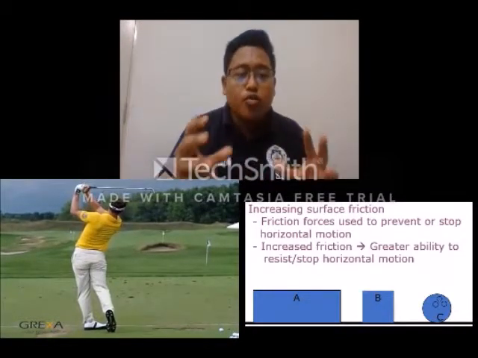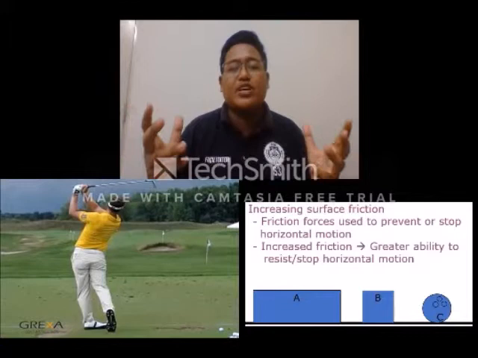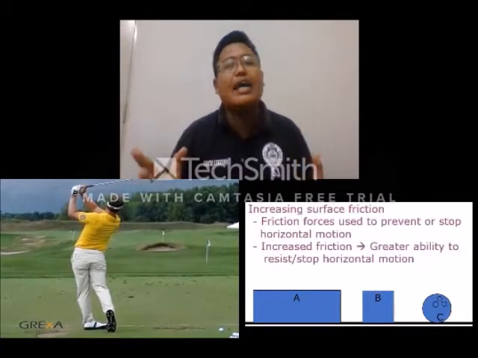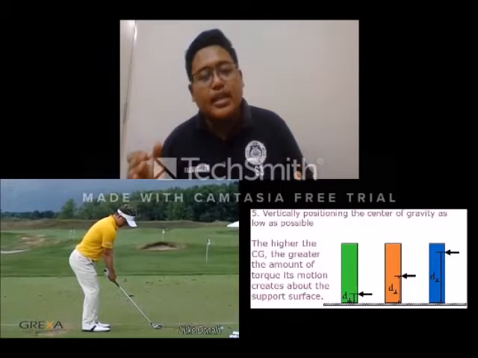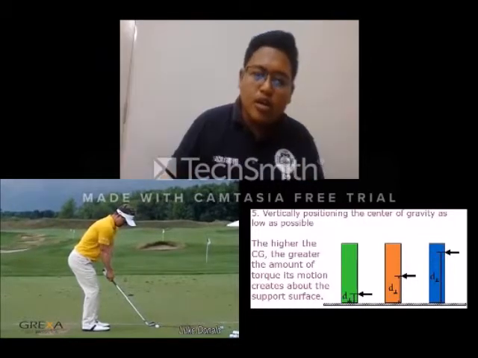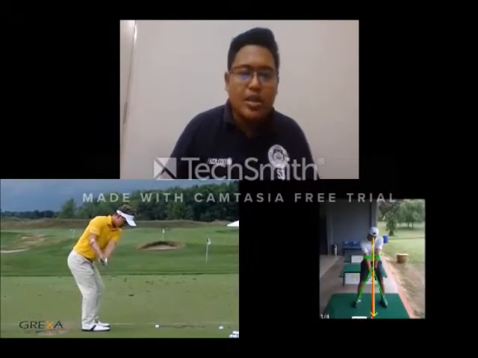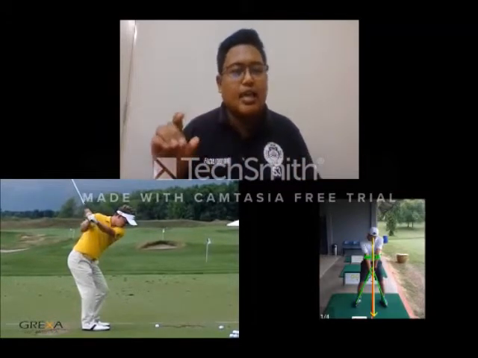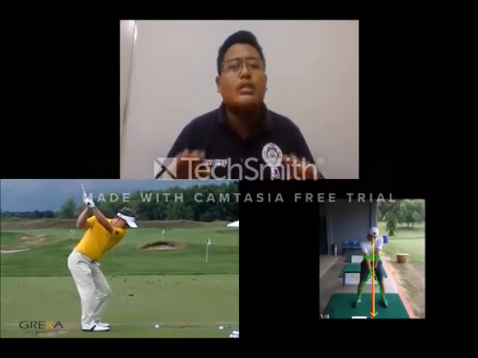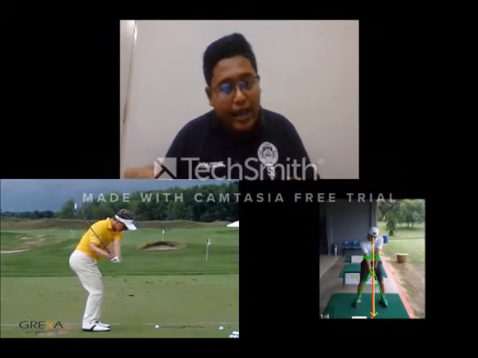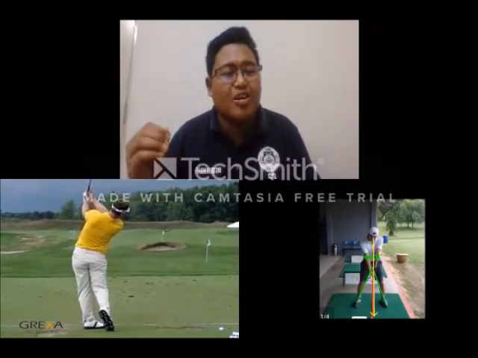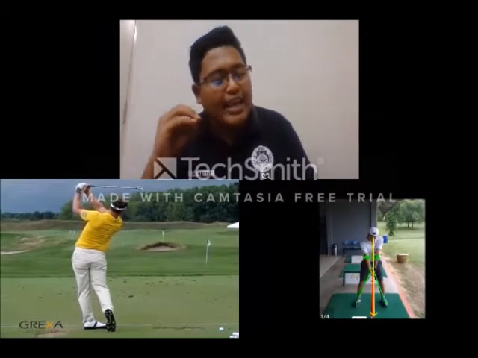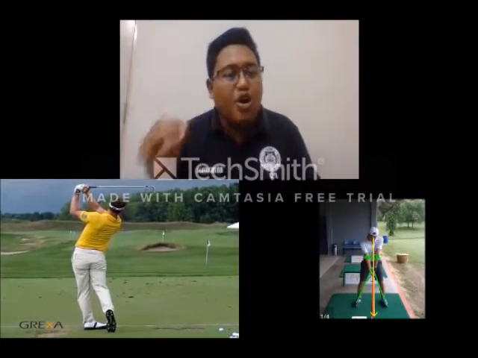The golfer's shoe increases friction so that they have higher stability. Next, center of gravity. As you can see in the pictures, they both show the same thing: a lower center of gravity, which increases your stability.